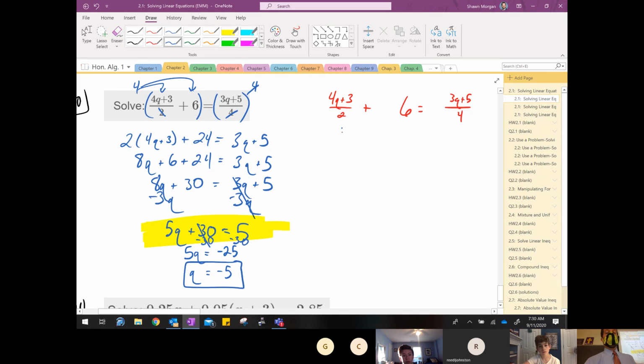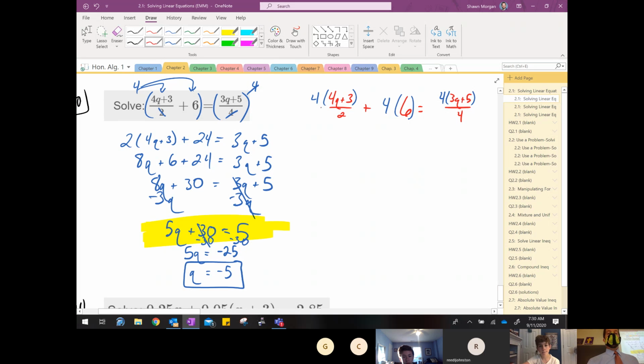There are 3 terms here that I must multiply by 4. Every term on the left and every term on the right has to get multiplied by 4. So here's what it looks like, the long, drawn-out approach that I did not write down: we are multiplying 4 times that, 4 times that, and 4 times that.